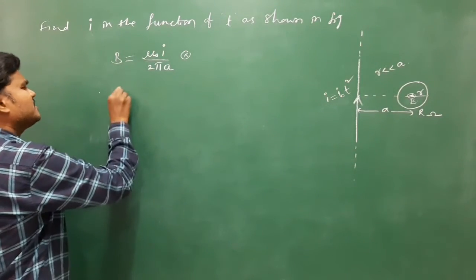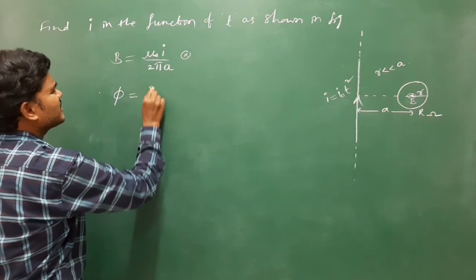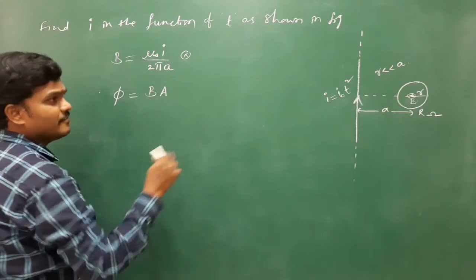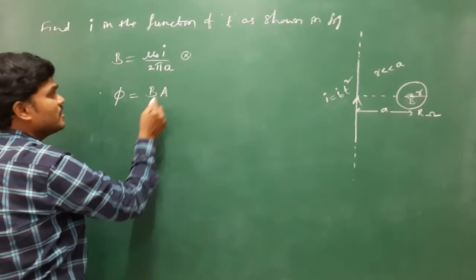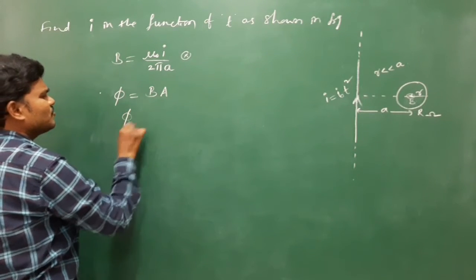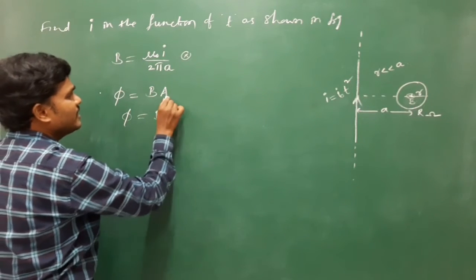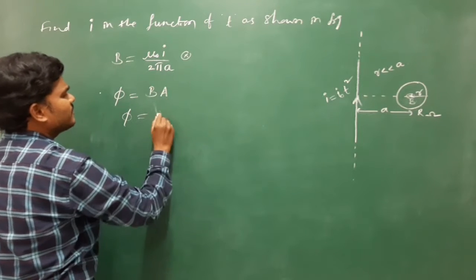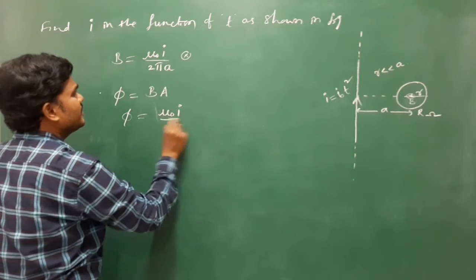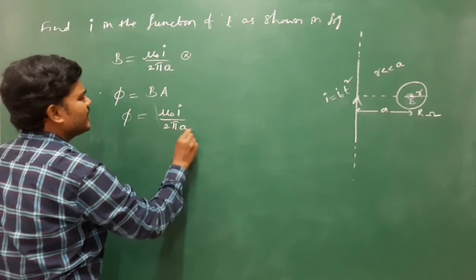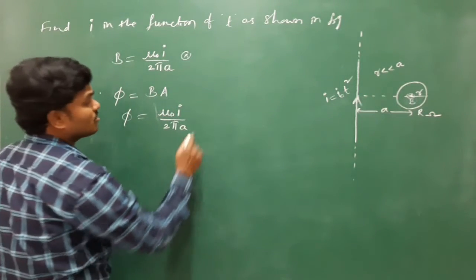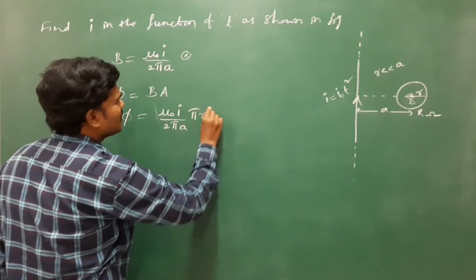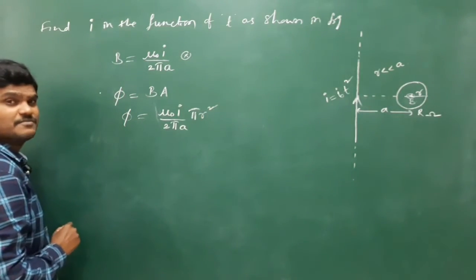Flux is BA cos theta, theta is 0, so flux is equal to BA. What is B here? Mu naught I by 2 pi a. Area of the coil is pi r square. So this is the flux.